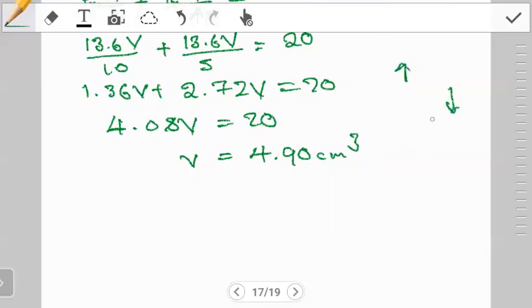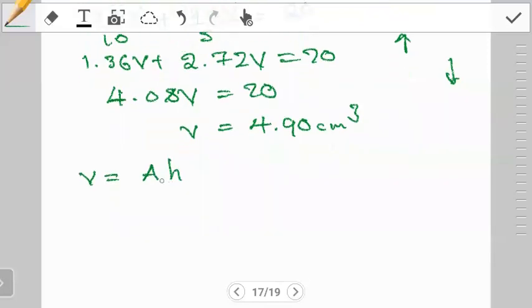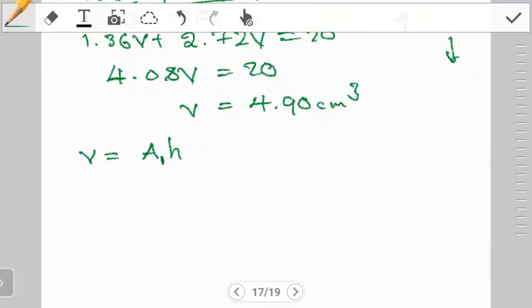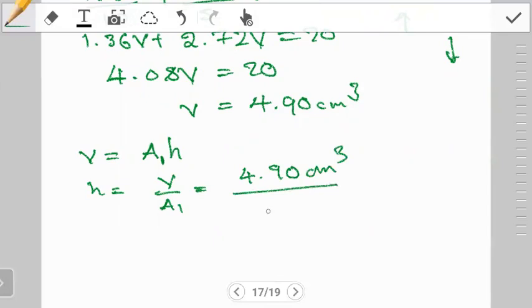But what does it mean in terms of length on the left arm? So we relate volume is equal to area times height. So on the left arm, this is now area 1, to find the h. So this implies that h is going to be equal to volume over A1, and this will be the volume 4.90 centimeter cubed divided by the area on the left arm, that is 10 centimeter squared.